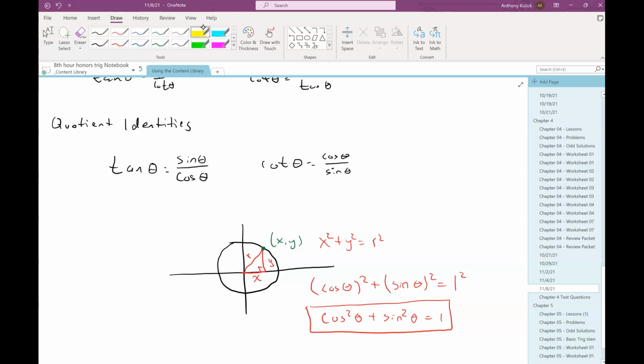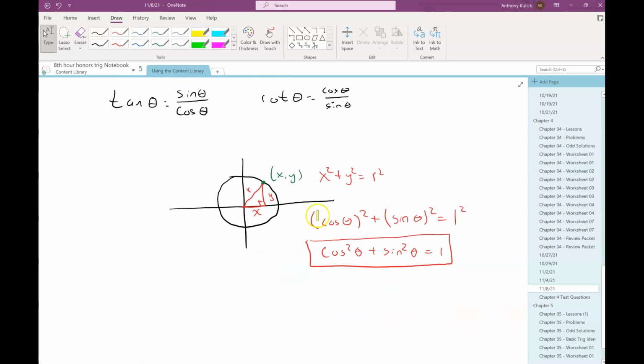And here, just a little piece of notation. Notice that if we put parentheses and the squared on the outside, that's going to mean the same thing to us as putting the squared next to the cosine and in between the theta. Because mostly we're lazy and we don't want to have to write those 2 extra sets of parentheses every time.